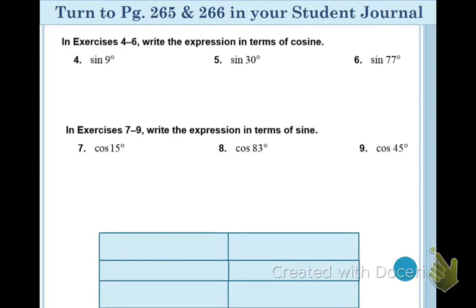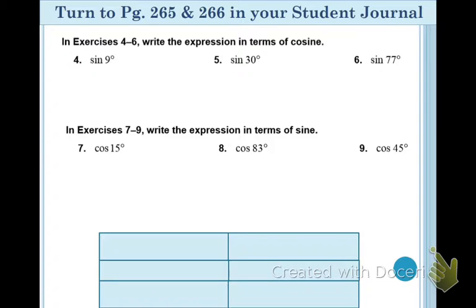Open up your student journal, page 255. Through 6, we're rewriting in terms of cosine.